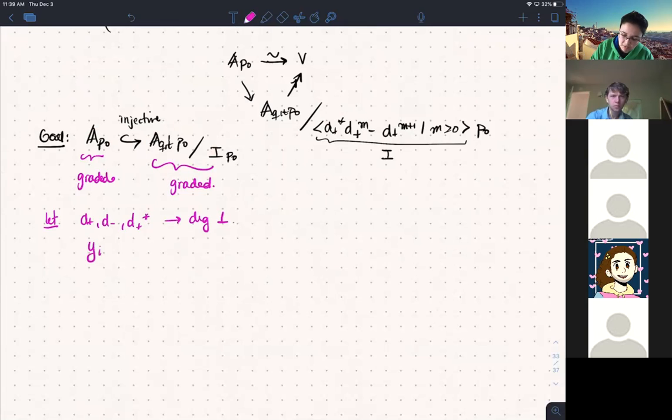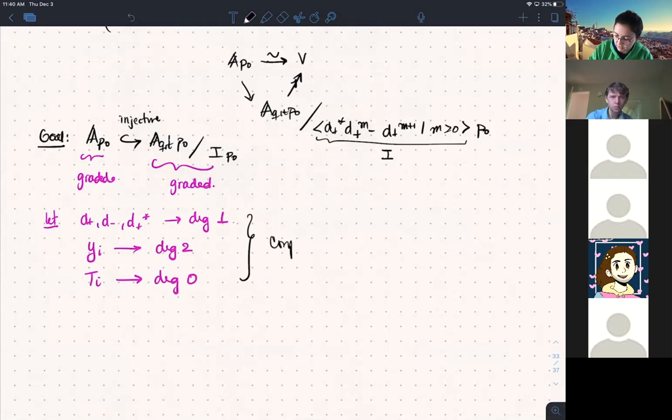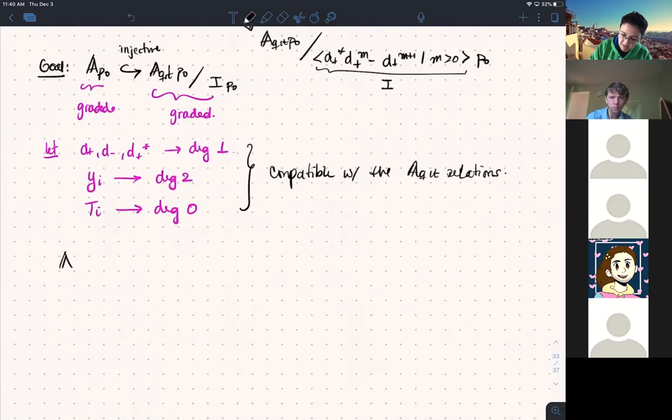We're going to impose that YI has degree 2 and that TIs have degree 0. And then you can check that these are compatible with the AQT relations.